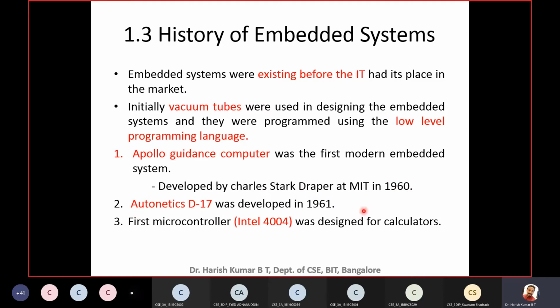Later in 1961, the Autonetics D17 was developed, and the first microcontroller-based embedded system, in the form of the Intel 4004, was designed for calculators. Even calculators are embedded systems, but at that time they were using a 4-bit microcontroller.